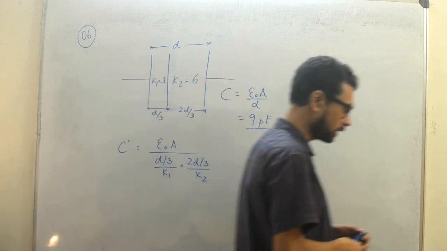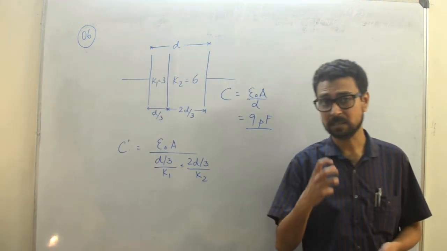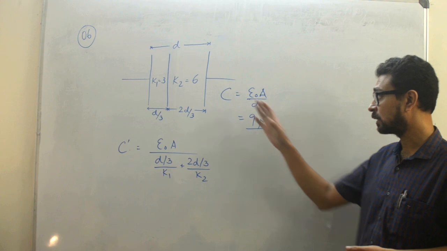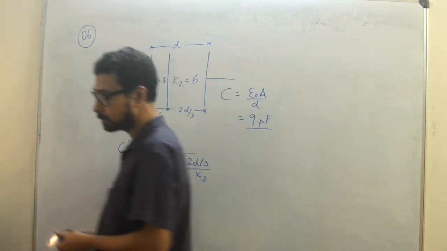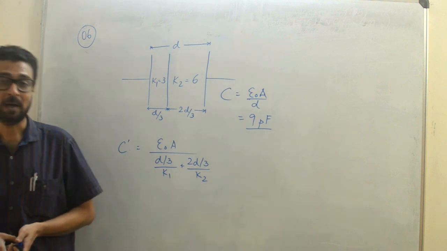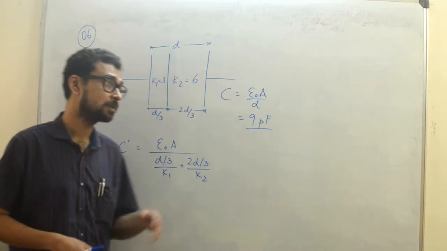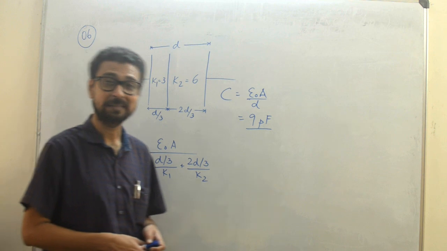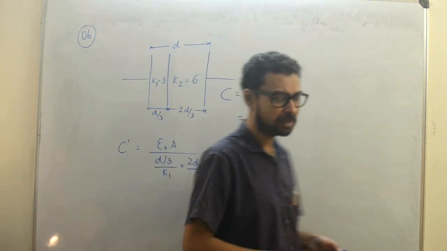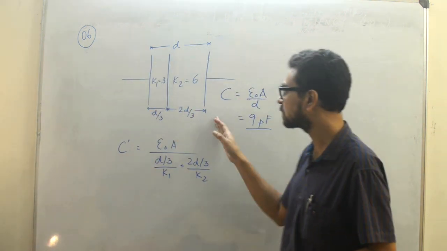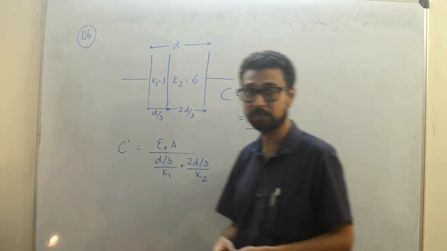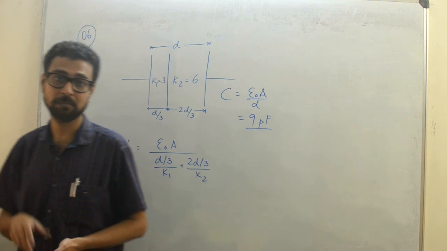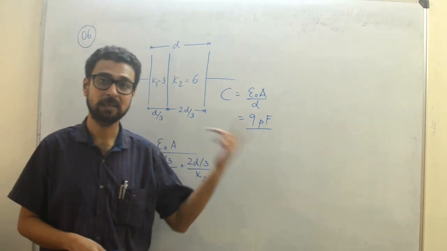But this is very interesting in order to gather the concept of capacitance. And here is the application of dielectric. Since I am going to wind up this section of half a dozen involving capacitance, let us do a sum based on dielectric. What they have given us is a parallel plate capacitor of capacitance epsilon naught A by D, which is equal to 9 picofarad, and there are two dielectrics of value k equals 3 and k equals 6.